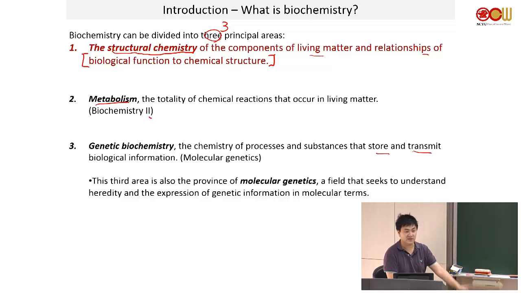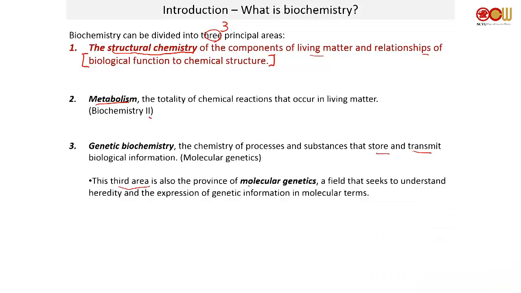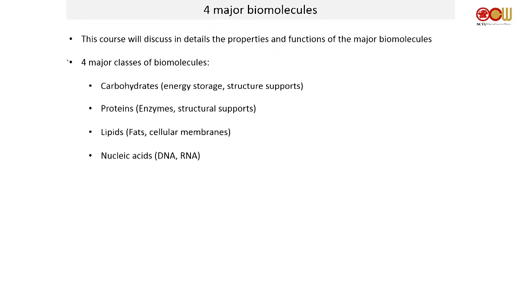We leave that to molecular genetics. For those of you in our department, you have 2 semesters of molecular genetics, so we leave it for those teachers. The third area is also the province of molecular genetics. So we will only cover the first 2 in biochem, and we will only cover number 1 this semester.